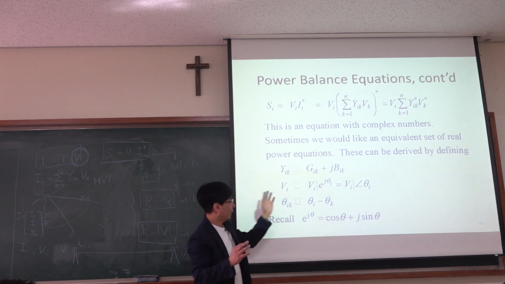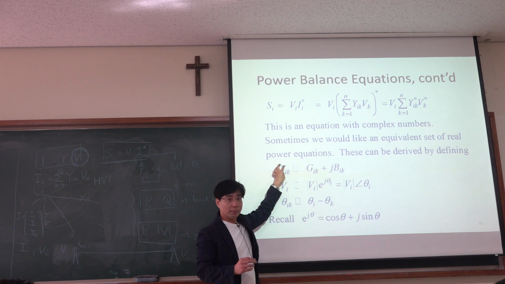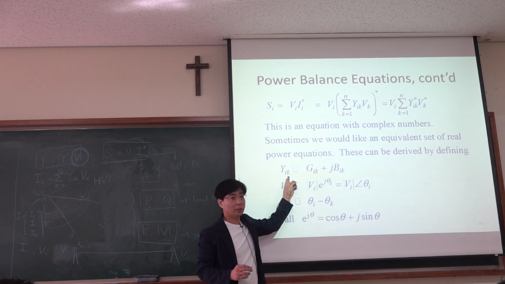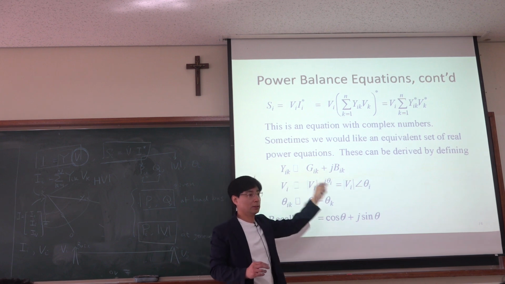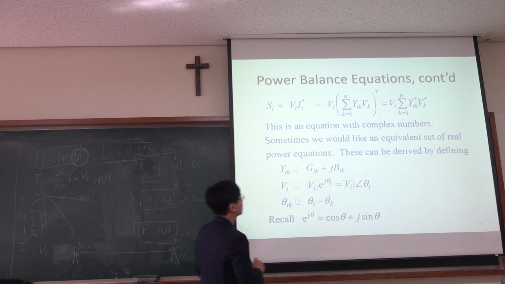But again, originally minus of this is admittance, right? So here, this is not equal to the admittance of the line between I and K. This is the minus of the admittance between I and K.